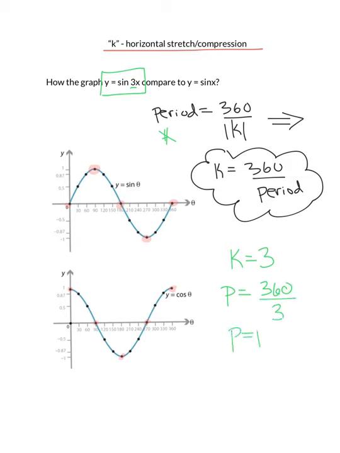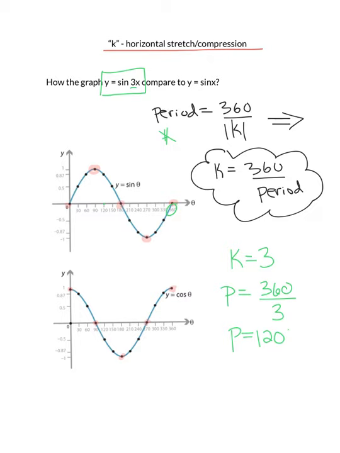So period is equal to 120 degrees. Now in my original sine function, my period is 360 degrees. So that means that everything here needs to be horizontally compressed so that it can do one full rotation in 120 degrees.